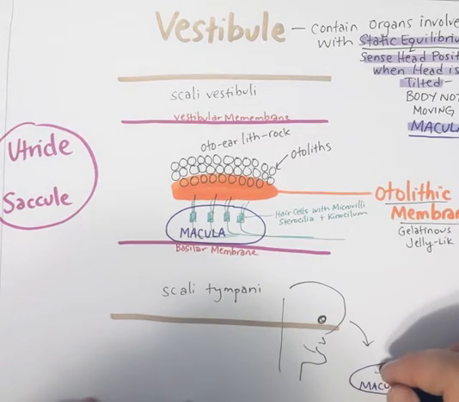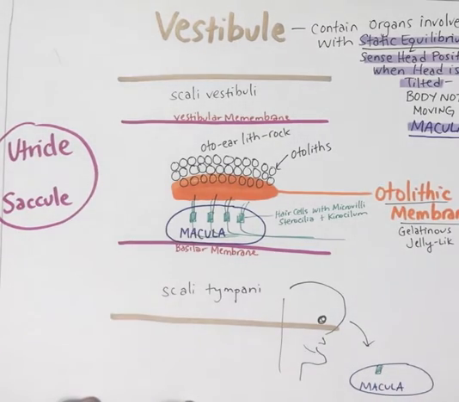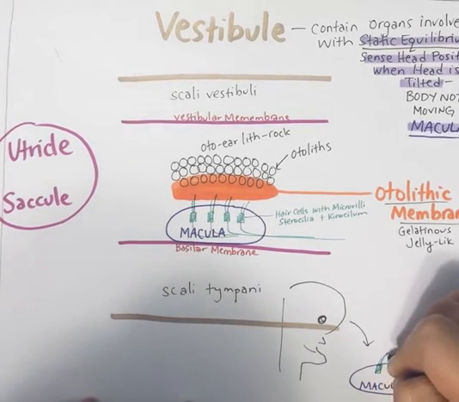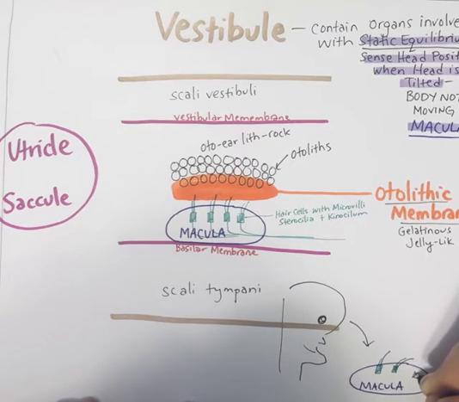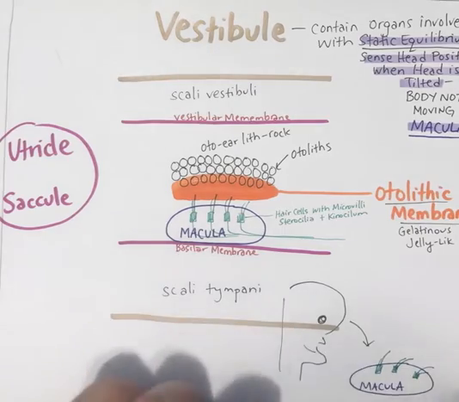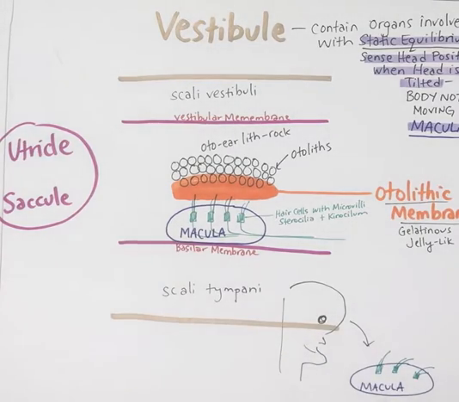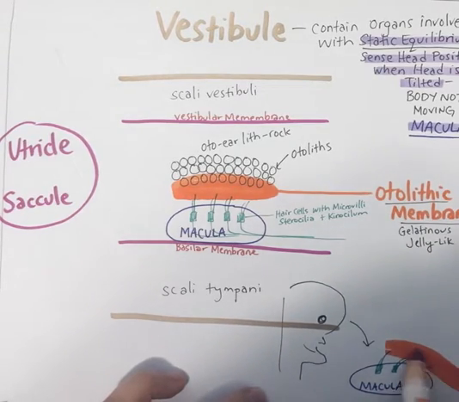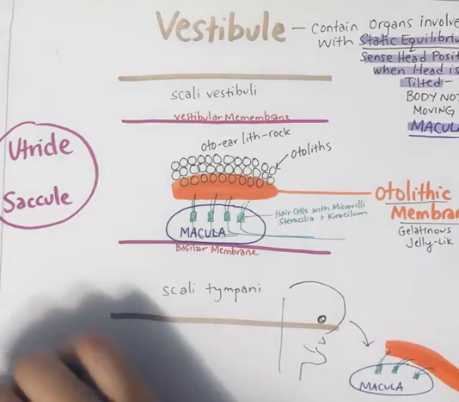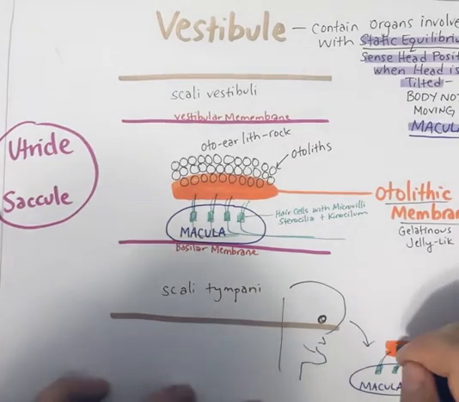So your hair cells, which are the stereocilia, the short ones, and the long ones called kinocilium, are going to go with the gelatinous material. They're going to bend in the direction of wherever you move because the ear rocks are heavy and this jelly is going to sag. And all the ear rocks are going to help pull the head forward by gravity.